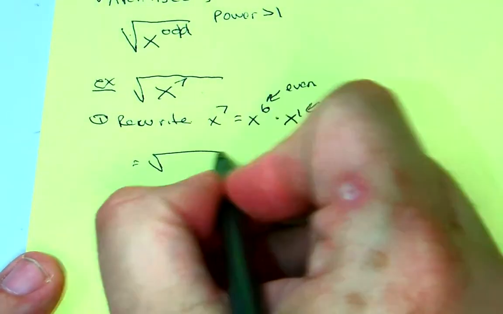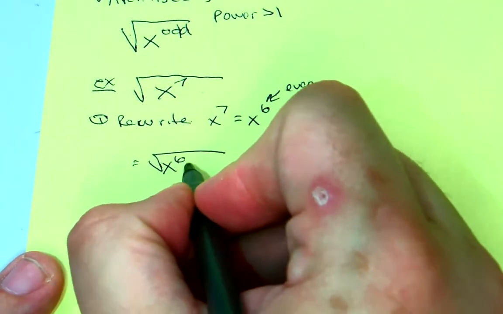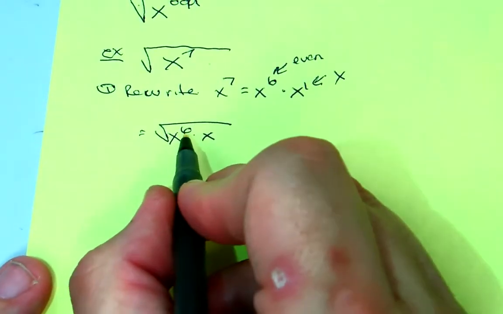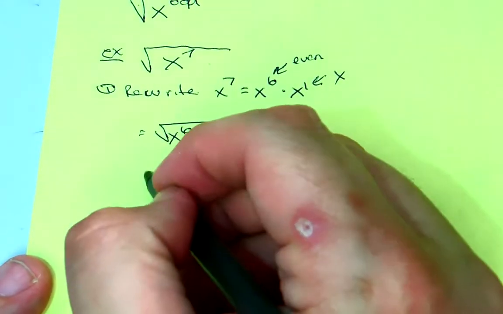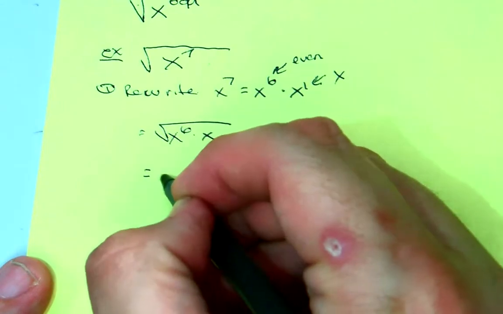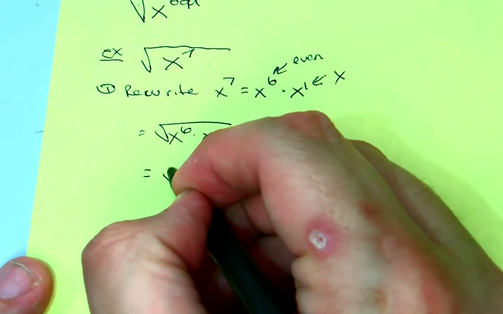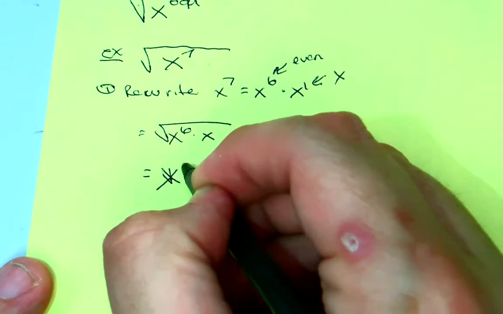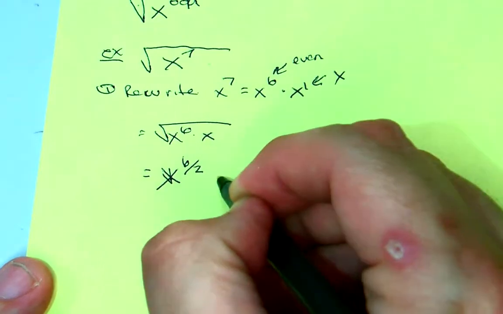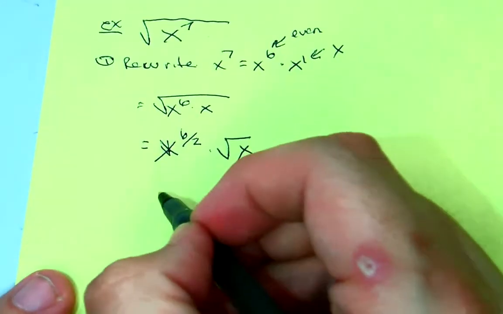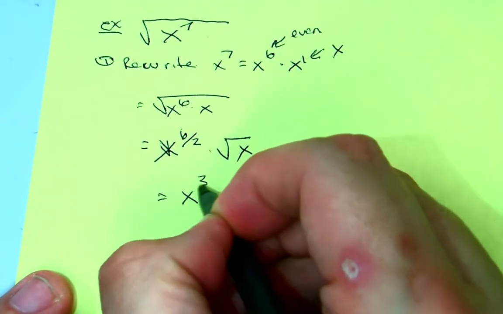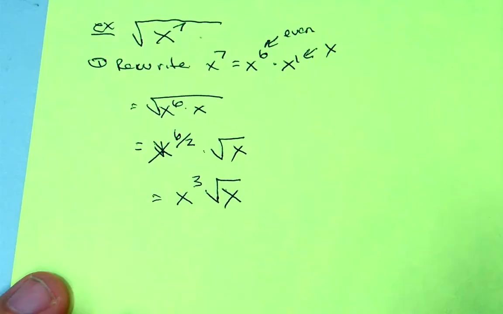So what we get is the square root of x to the 6th times x. Now, once we have an even power, we can divide it by 2. So this is x to the 6th divided by 2 power times the square root of x. So this is x cubed times the square root of x.